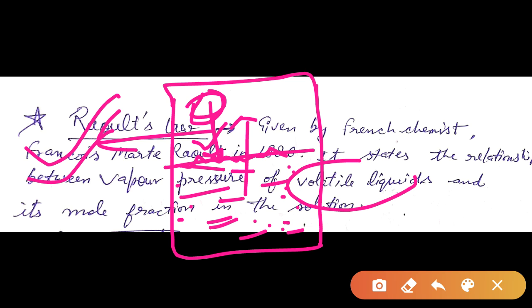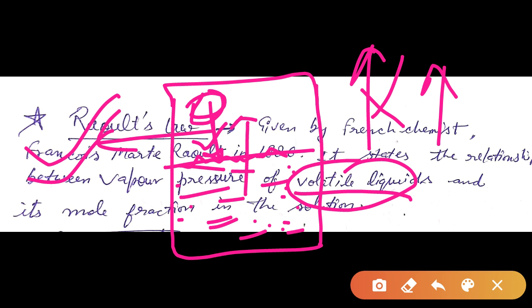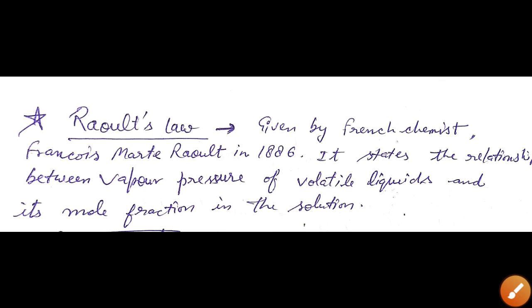Volatile means such liquids which can be converted into vapor phase by heating. They are volatile, and non-volatile liquids do not go into the vapor phase. They are non-volatiles.